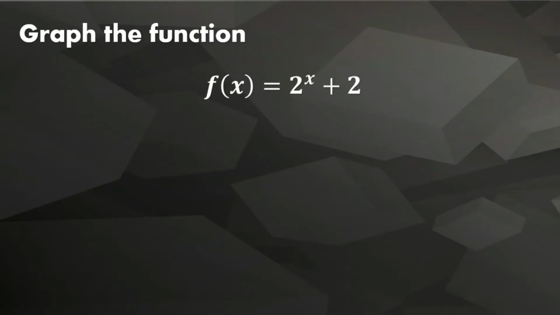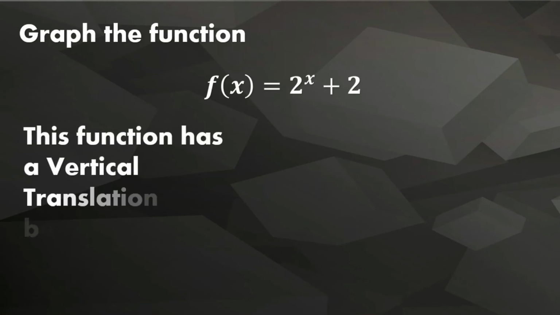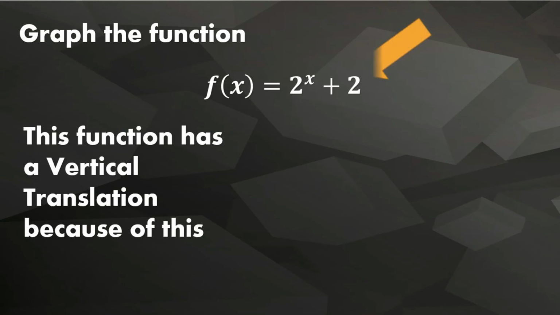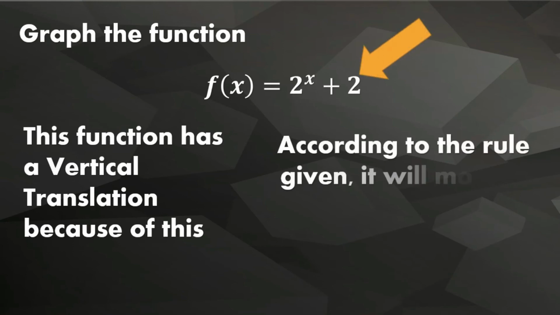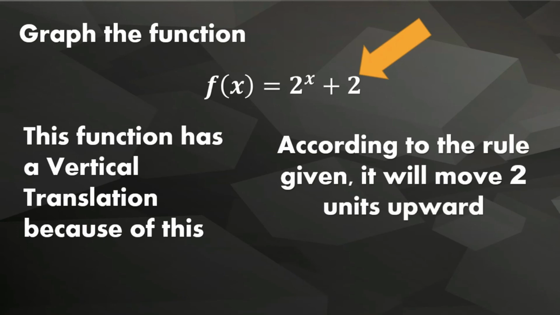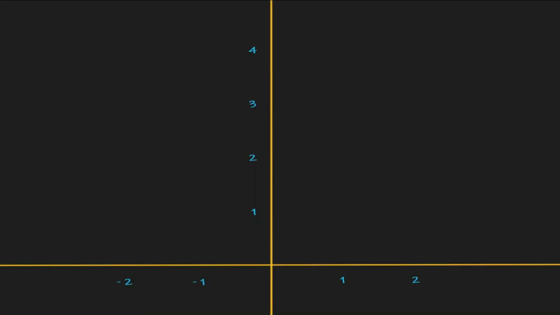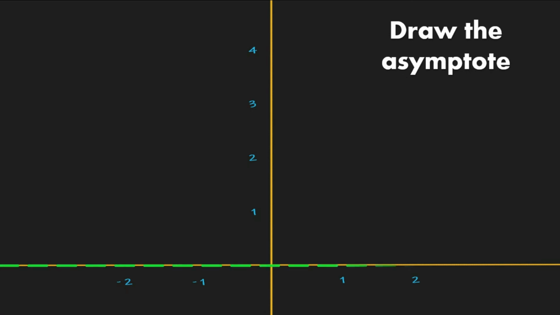Another one, graph the function 2 raised to x plus 2. Ito naman ay merong vertical translation because of the number d. And according to the rule, move yan ng 2 units upward. Ganun pa rin ang graph. Draw the asymptote. That is the x-axis.